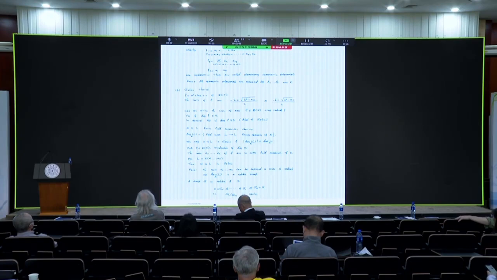These are the n elementary symmetric polynomials. And then there is an important fact which says that all the symmetric polynomials are generated by these elementary symmetric polynomials.